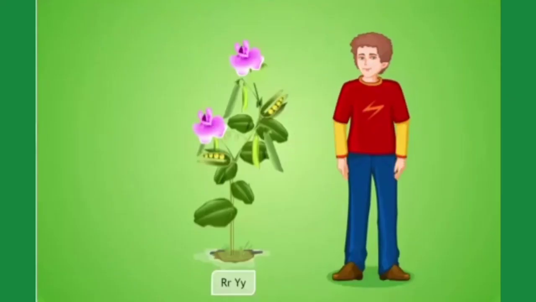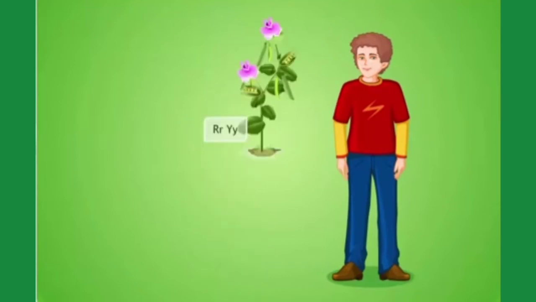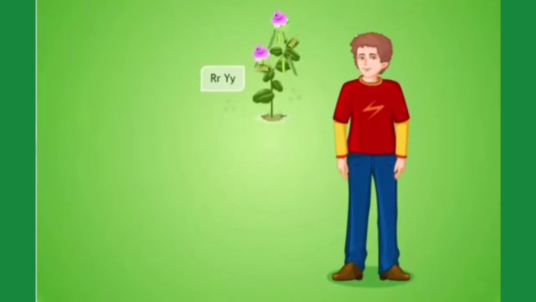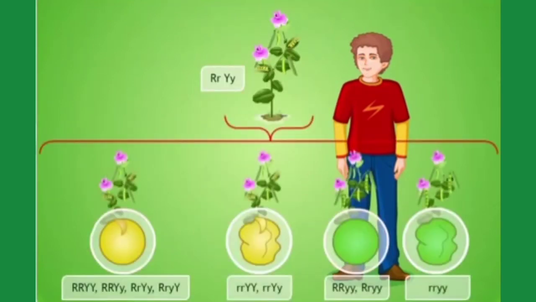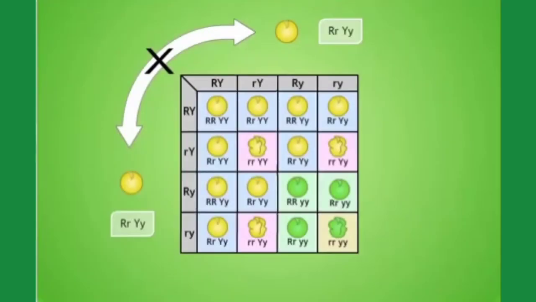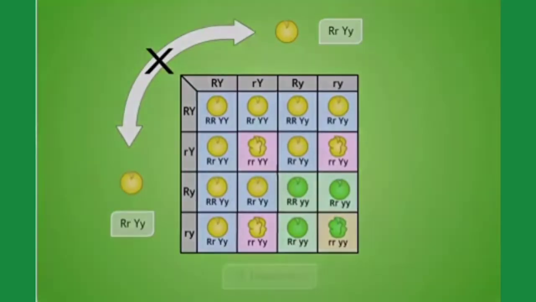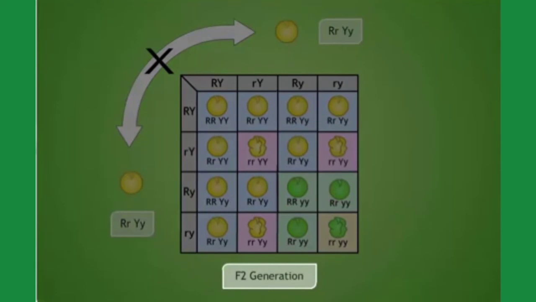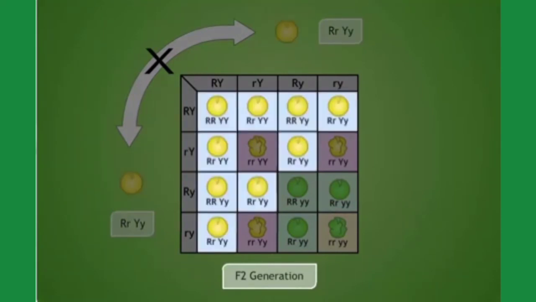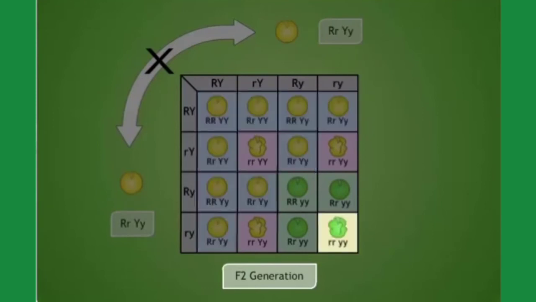What happens when these plants of the F1 progeny are self-pollinated? Mendel found that some plants of the F2 progeny were similar to the parents and produced round yellow seeds, and some of them produced green wrinkled seeds.